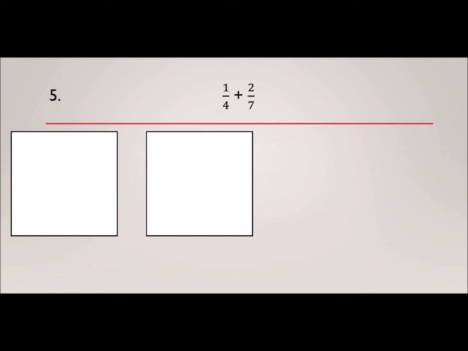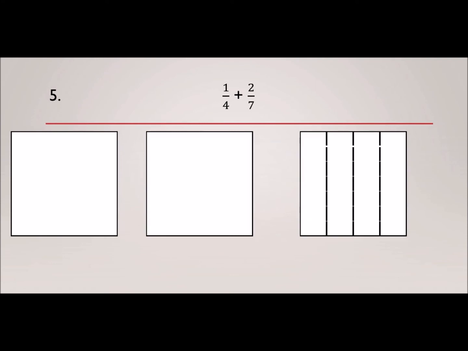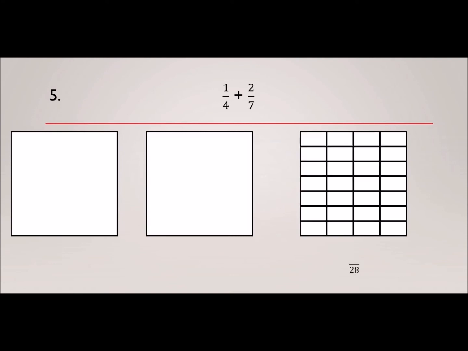So the first box I have is 1/4. So I should have 4 boxes, right? Divided. And of the 4, only 1 is shaded. And then the second box, I should have 7 parts that are divided, and of the 7, 2 is shaded. So the total number of boxes together should give us 28, right?